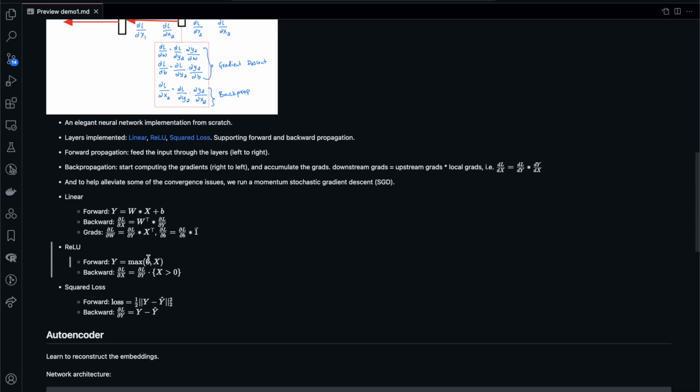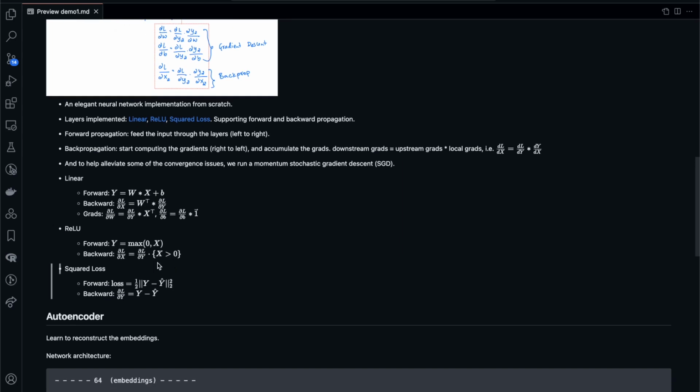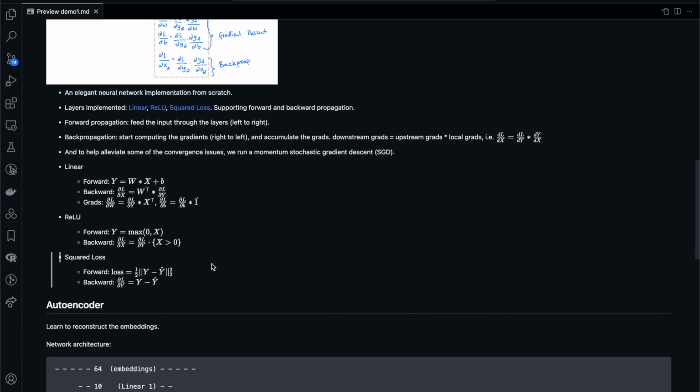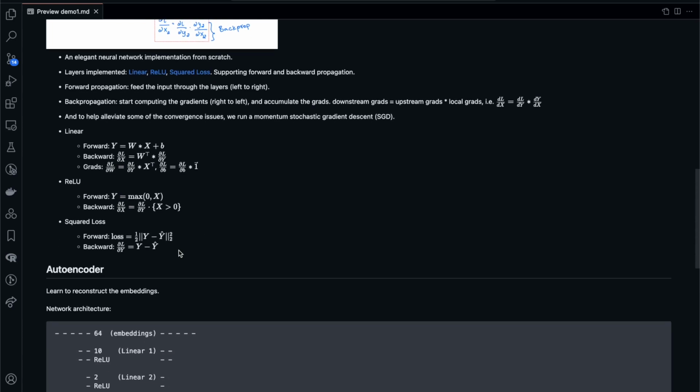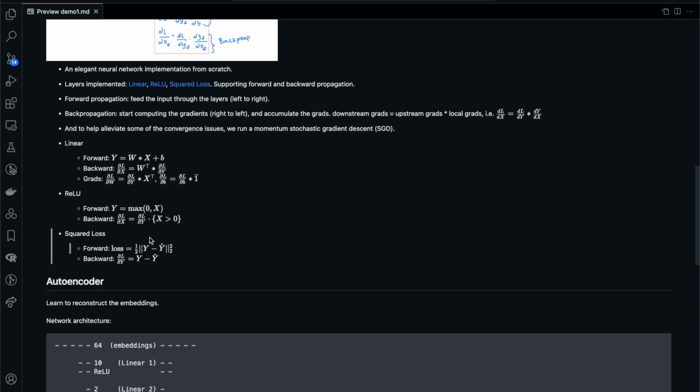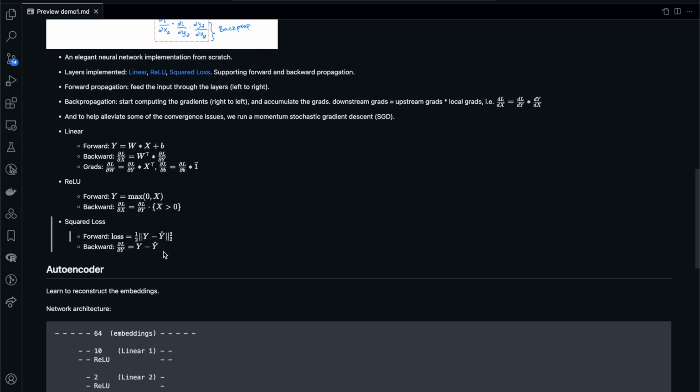ReLU is just max of 0, x, and the backward would be the upstream gradients times the local gradient. And we use the squared loss as the loss function, which is just the squared L2 norm of the true labels and the predictions. And the gradient is just y minus y hat.